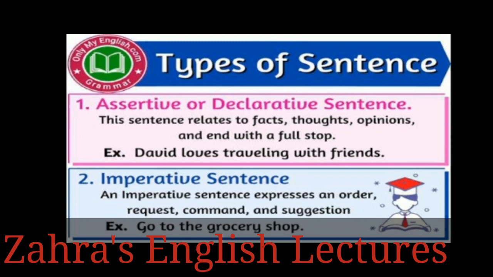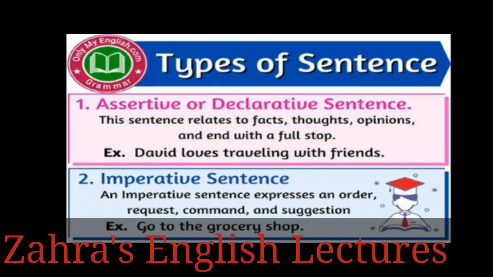And second is imperative sentences. Imperative means giving commands, requests, orders, suggestions, advice, instructions. So an imperative sentence expresses an order, request, command, or suggestion. For example, go to the grocery shop. Now, the tone of the sentence would suggest whether it is an order or a suggestion.